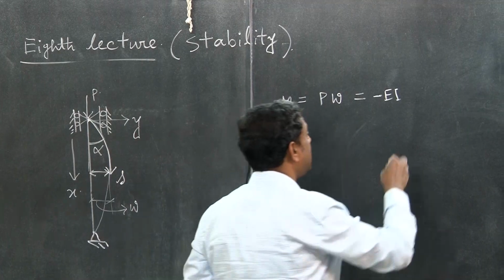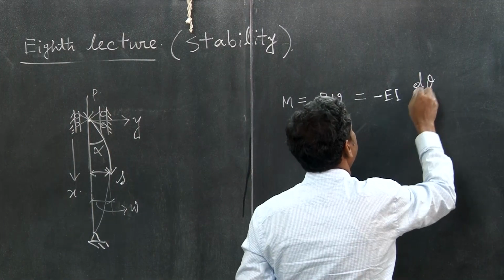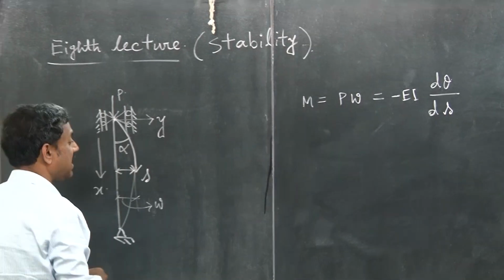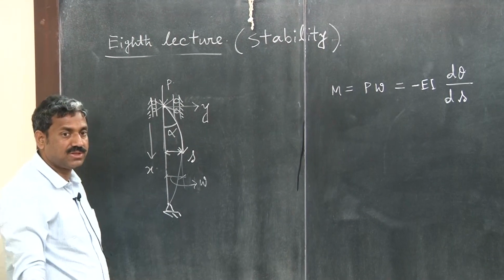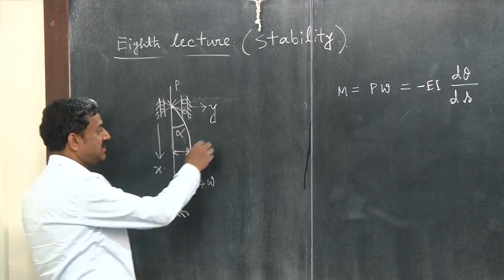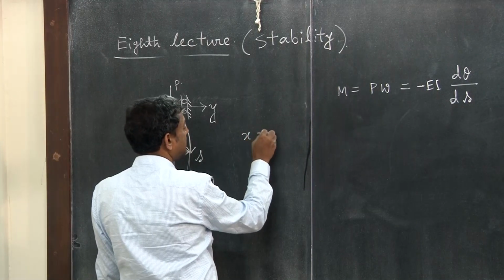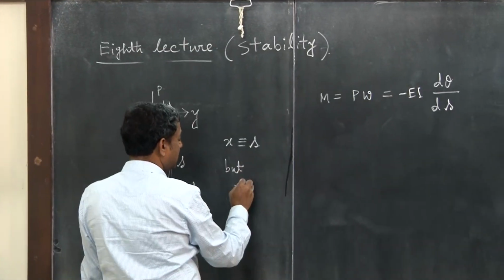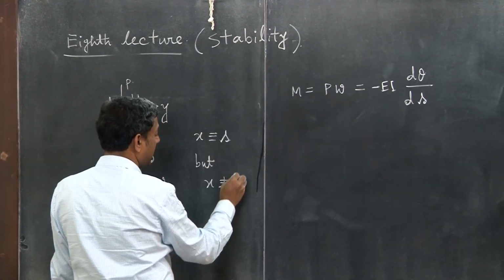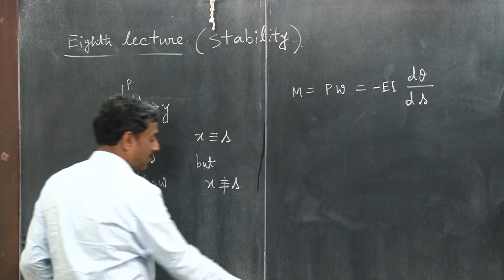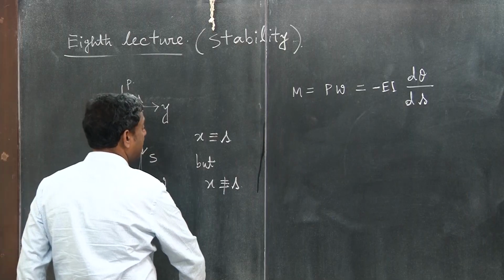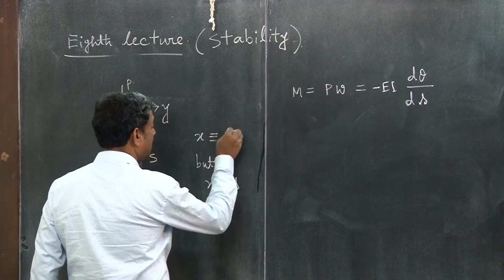In small deformation theory, x is the same as s, but in this case x is not the same as s. Do you understand? S is the arc length coordinate.